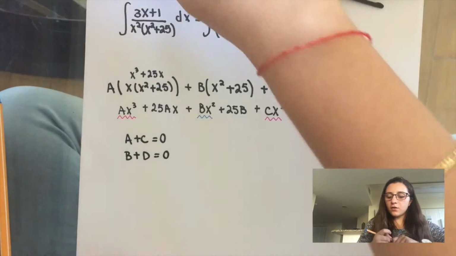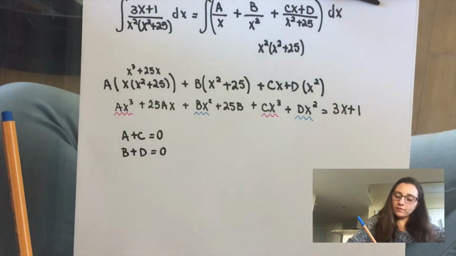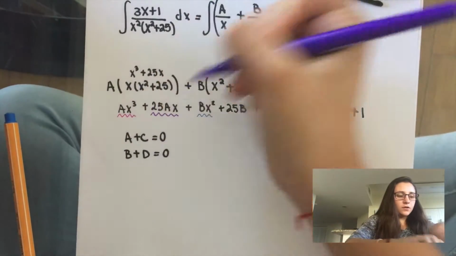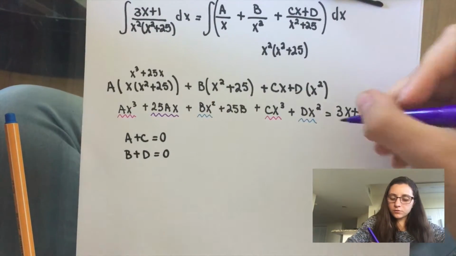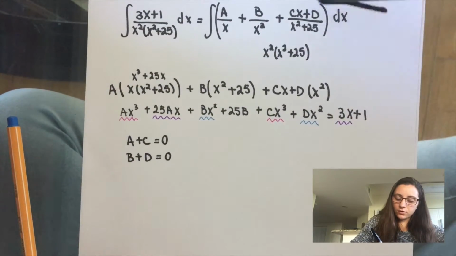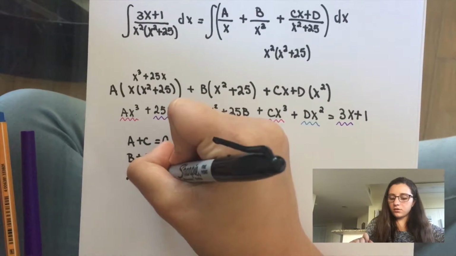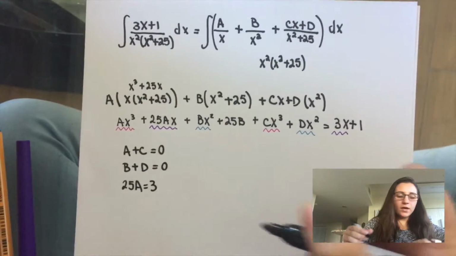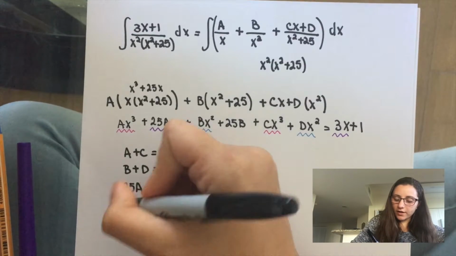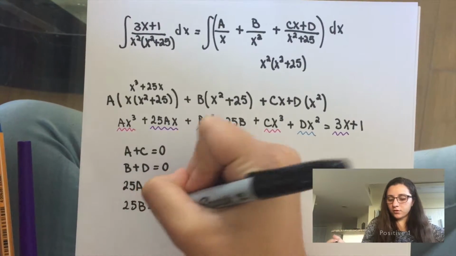And then for our x, we have 25Ax. So we're going to set 25A equal to 3. And then lastly we have our 25B, which is equal to negative 1.